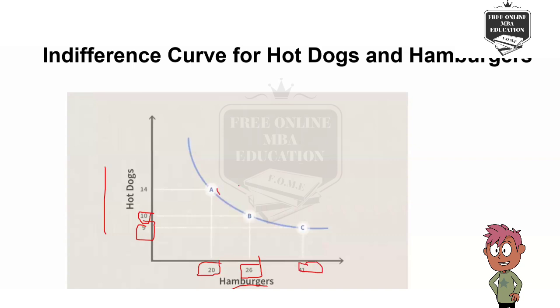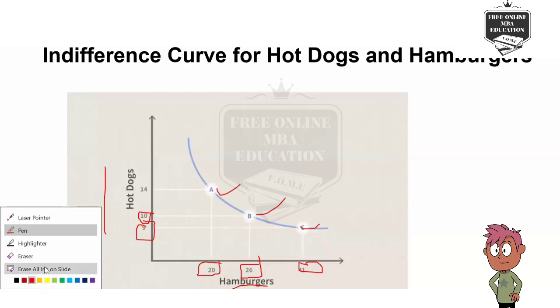But at all these points, A, B, and C, your level of satisfaction remains the same. So by buying 14 hot dogs and 20 hamburgers, you are as happy as you would be if you were buying 10 hot dogs and 26 hamburgers, right? This is exactly the concept of indifference curve, right?